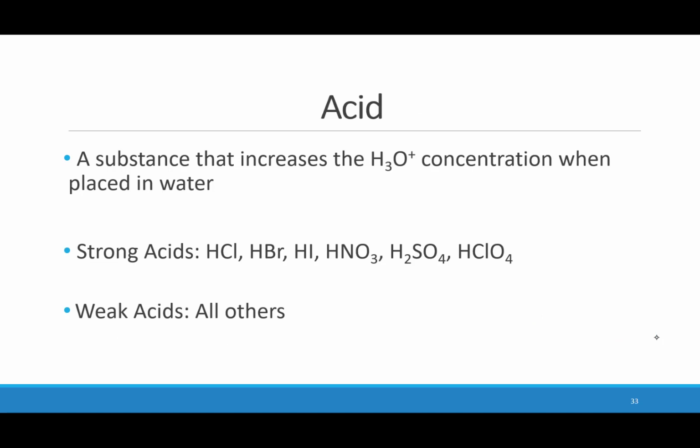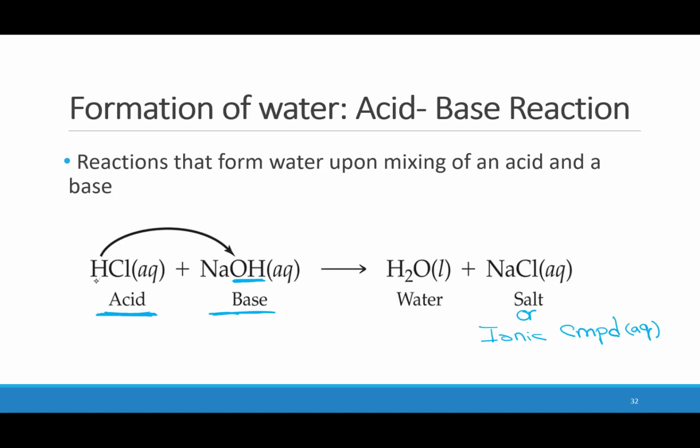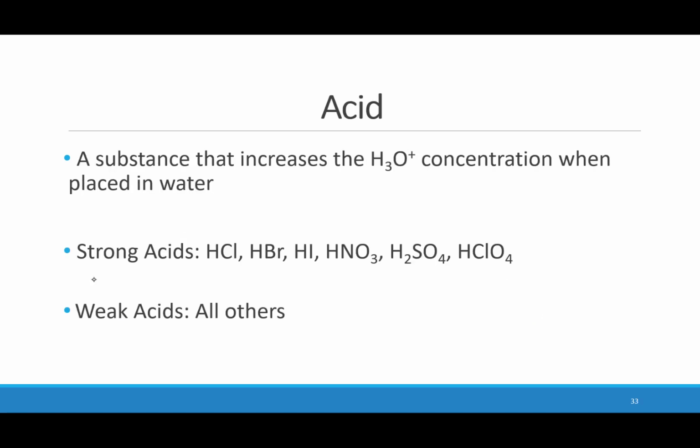Okay. Now, acids, they carry hydronium ion or hydrogen ion. Okay. You see that? That's an acid. We refer to hydrogen ion as in hydronium ion. Okay, then what happens is that hydrogen ion is very unstable.